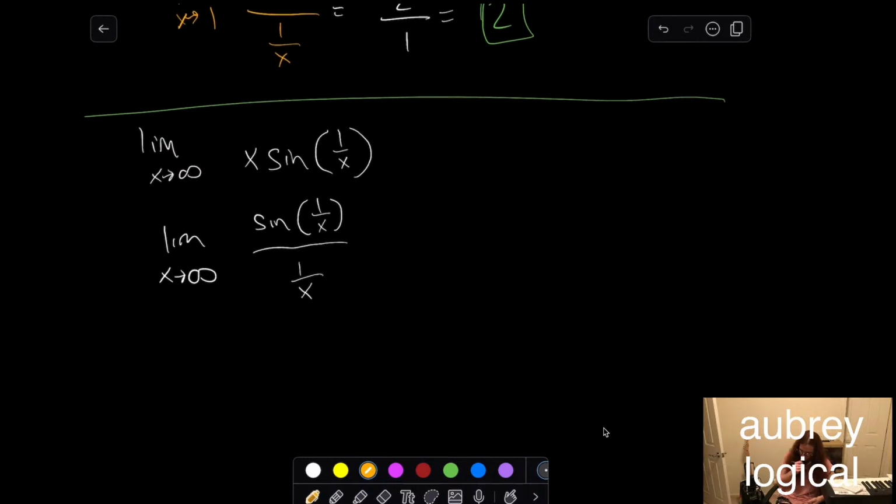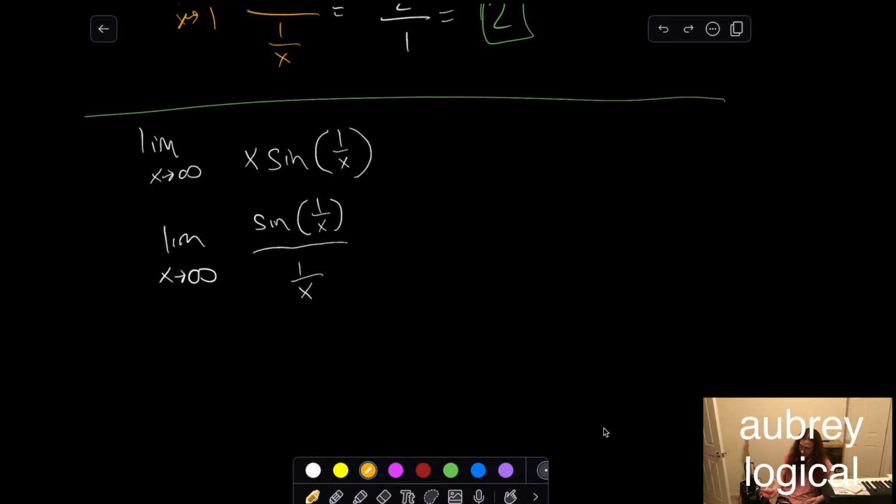Now, we still won't have luck plugging this one in because 1 over infinity is going to become 0, and sine of 0 is also 0, so still indeterminate, but that's okay.